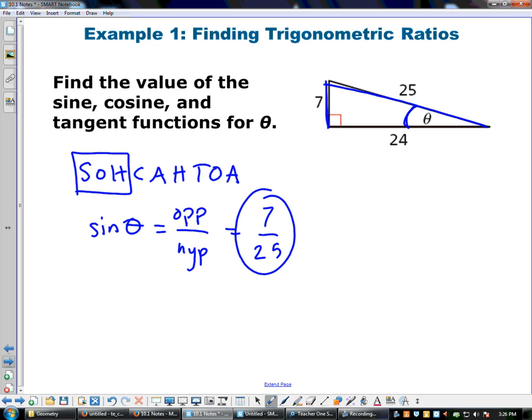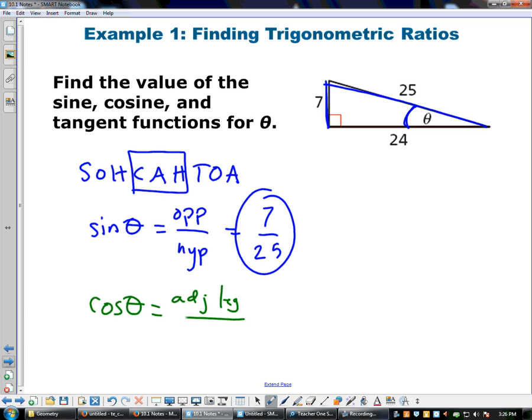If we want to find the cosine of angle theta, we're now looking at CAH, and the cosine is the adjacent leg over the hypotenuse. In this case, the adjacent leg is 24, and the hypotenuse is still that 25, so 24 over 25.